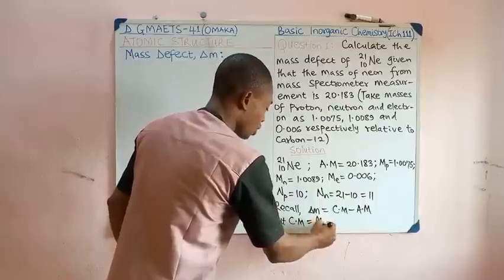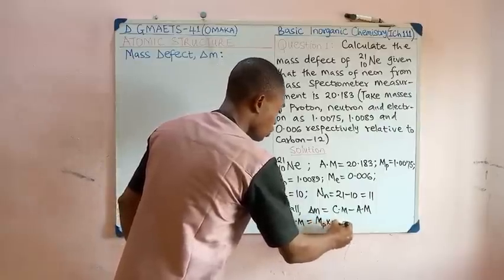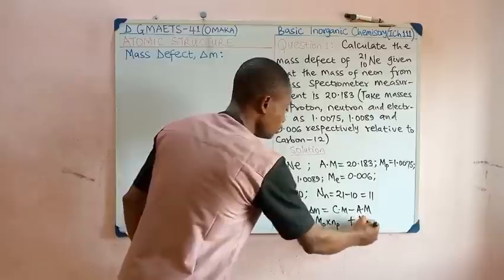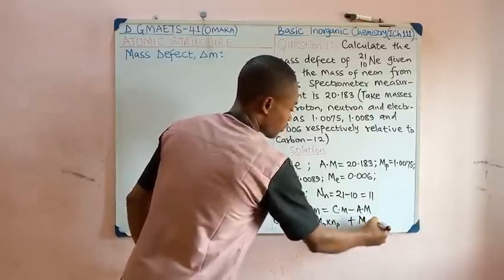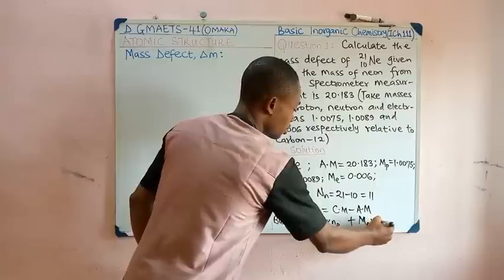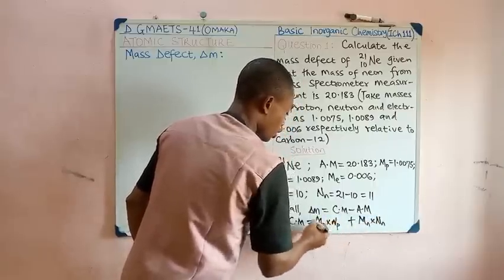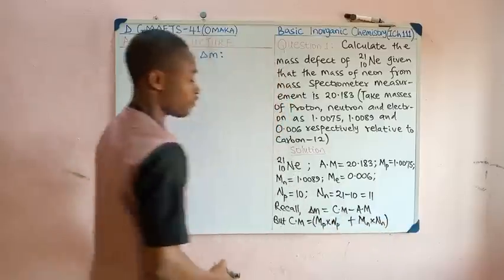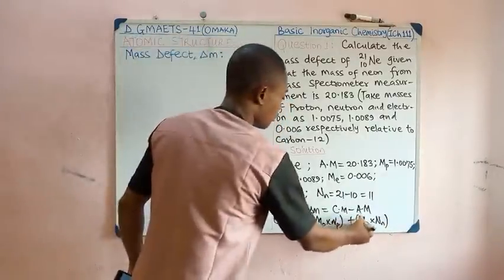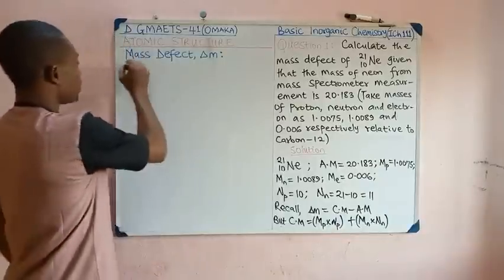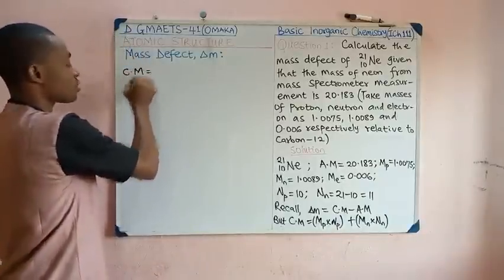It's equal to mass of proton times number of proton, add it to mass of neutron times number of neutron. So this is the formula, we know that, isn't it? Good. We can now solve for calculated mass.